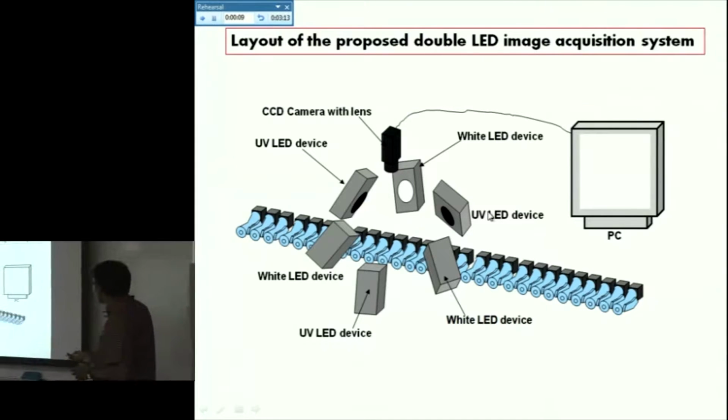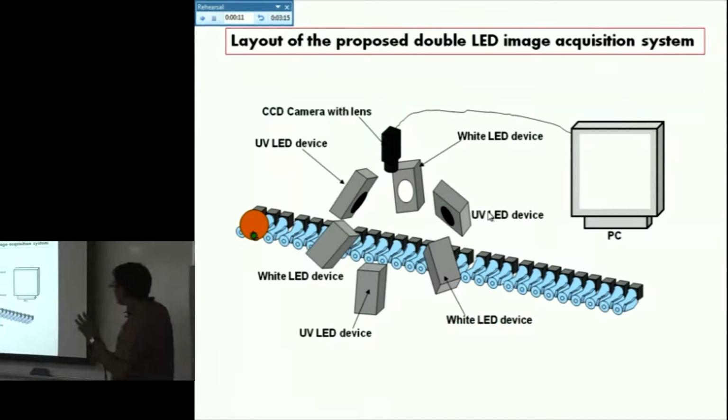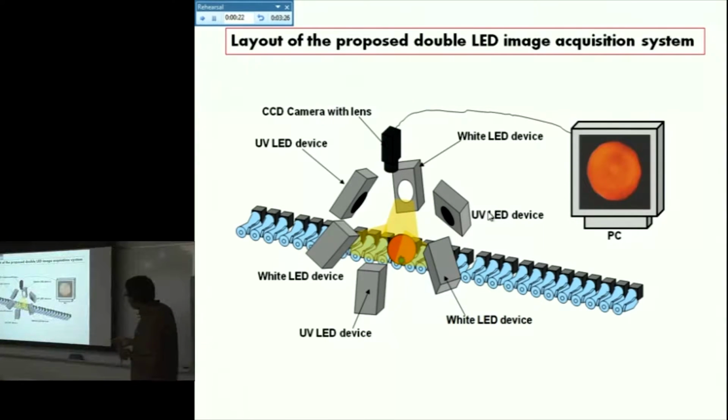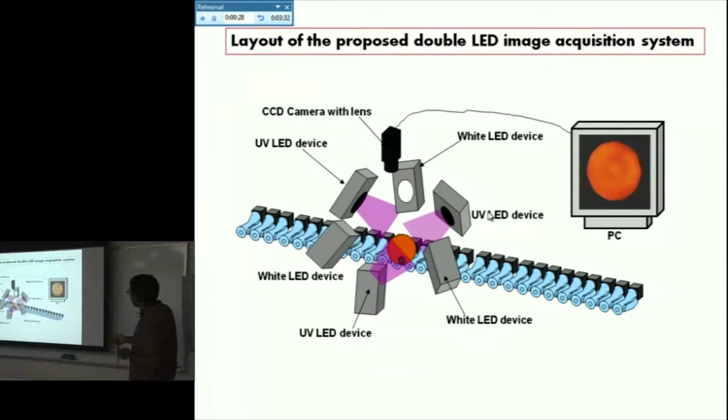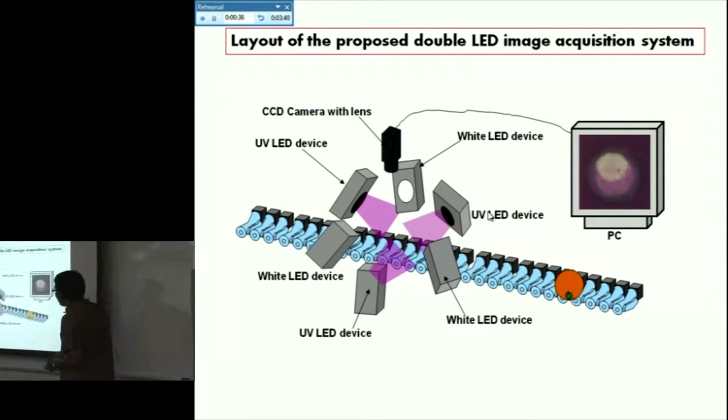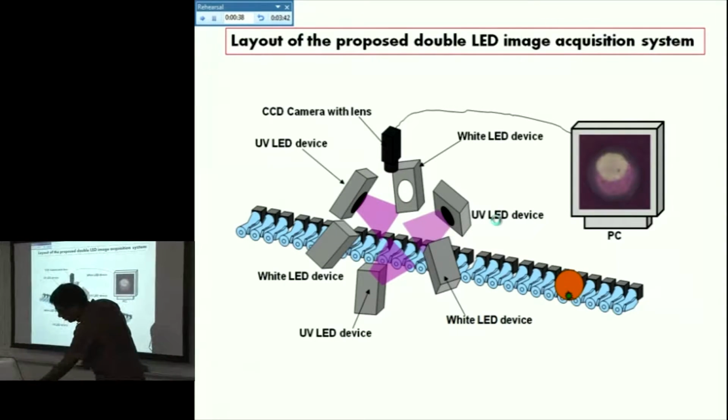If you see here, the system illuminates the fruits on the moving conveyor with white and UV LEDs, and acquires color and fluorescence images simultaneously. These fluorescence images were stored for further image processing to detect the defects.